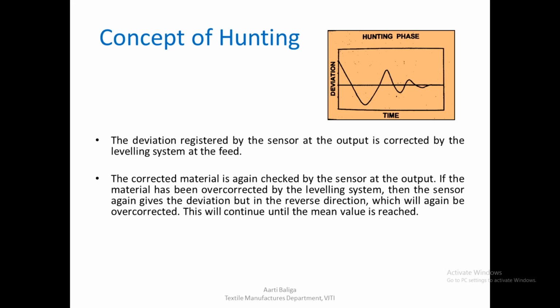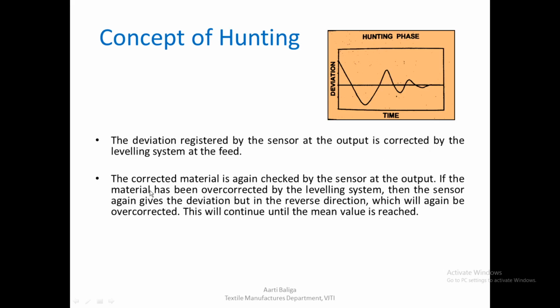And now this thin place again comes for sensing to the measurement unit after the process, and by sensing it finds that it's a thin place, so the draft is reduced, and it is reduced to such an extent that it is again overcorrected, and you tend to get a thick place, and this keeps on happening cyclically till it reaches the mean value.